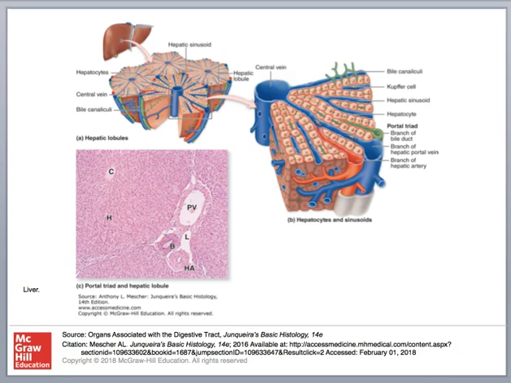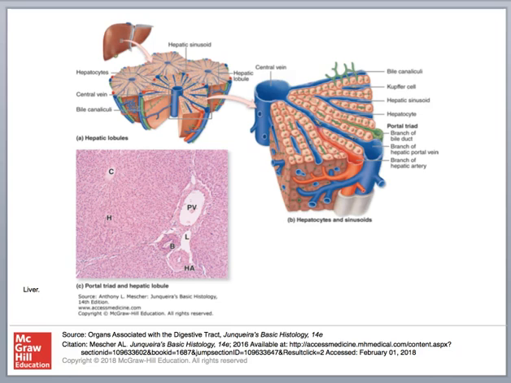Now you'll note that each cord or column of cells, which are represented by the tan cells, those are the hepatocytes, and it's of note that each cord of cells is separated by the hepatic sinusoids, and they're one cell layer thick, and that changes in pathology.